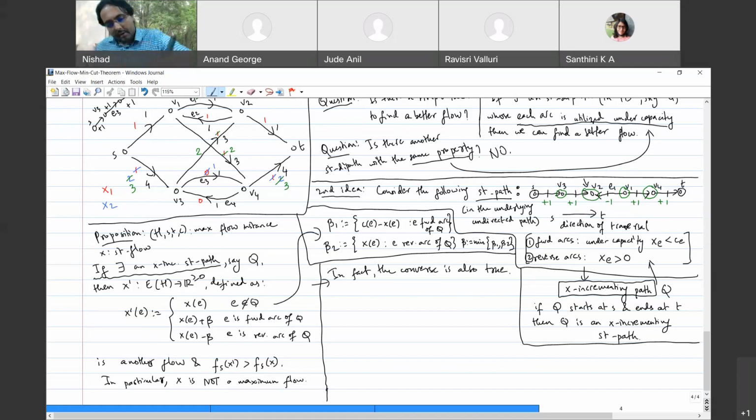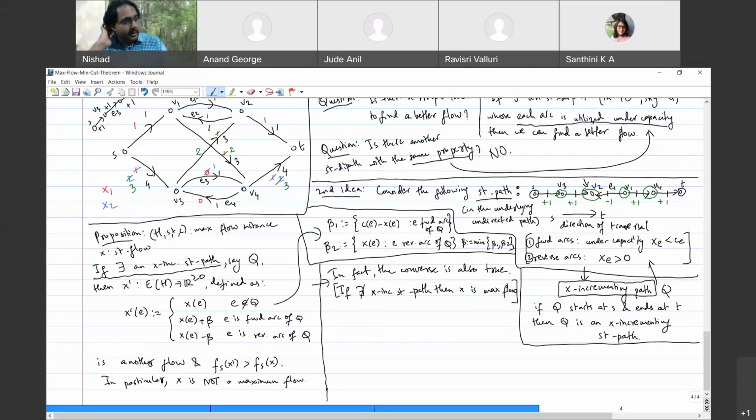In particular, if there does not exist an X incrementing ST path, then X is actually a maximum flow. Okay. And that is the key idea behind the algorithm.